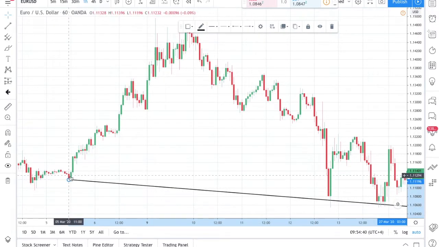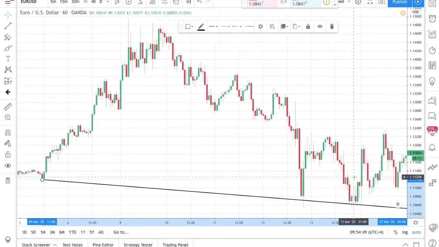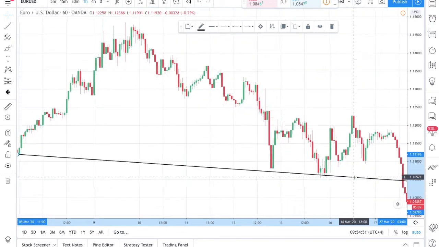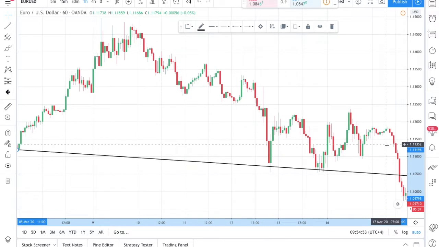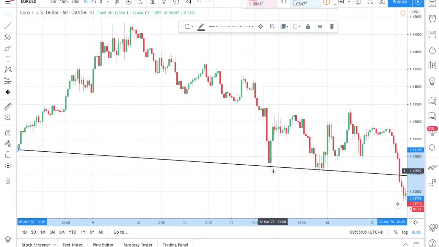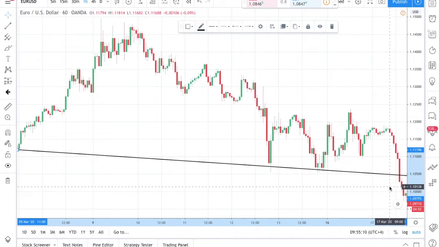Look, this is our first attempt, this is our second attempt, and this is our third attempt. So let's wait for the fourth attempt. See, guys, the fourth attempt is a breakout. The market broke the support line. What does this mean? It means that our support trend line is now becoming our new resistance trend line.